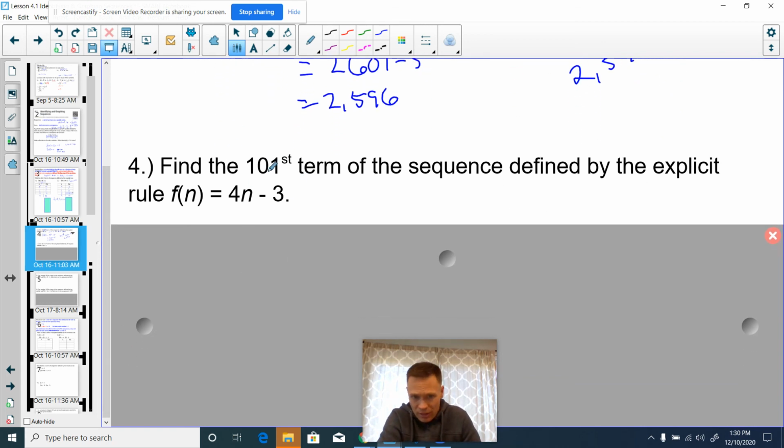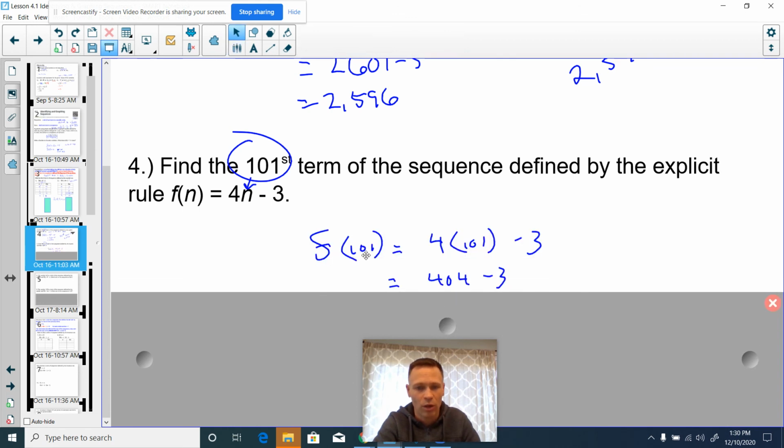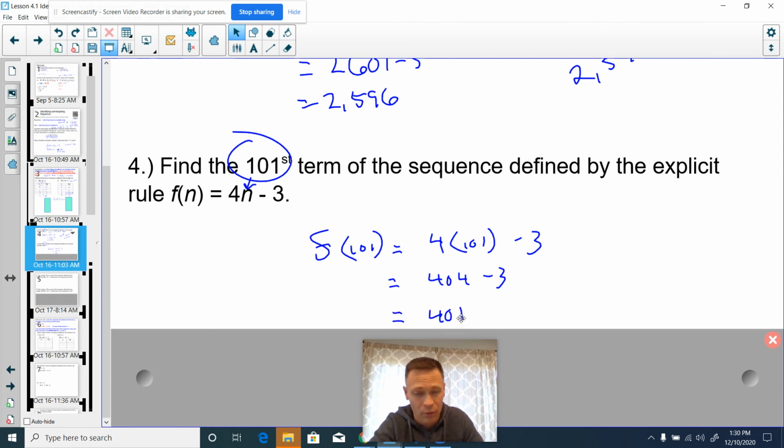Now, number 4 is the same idea. I want to find the 101st term. All I'm doing is substituting that 101 in for n. So f of 101, the function evaluated at 101: 4 times 101 minus 3. 4 times 101 is 404. Subtract 3 from that, I get 401.